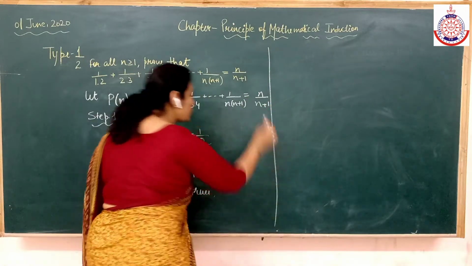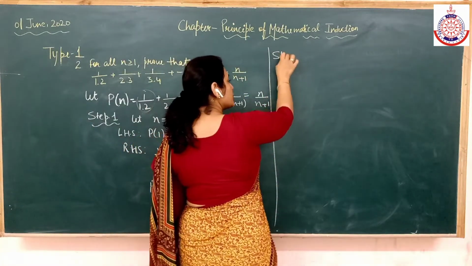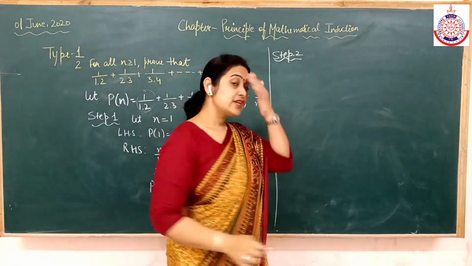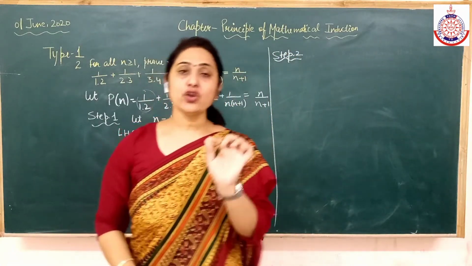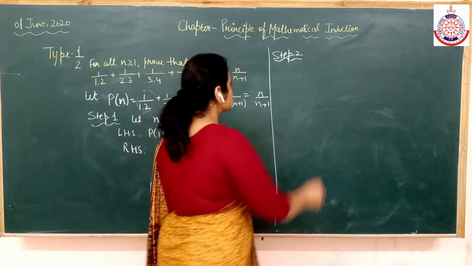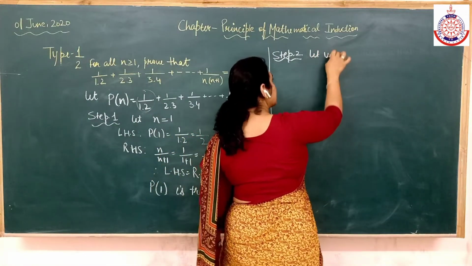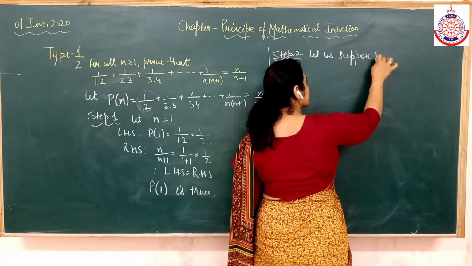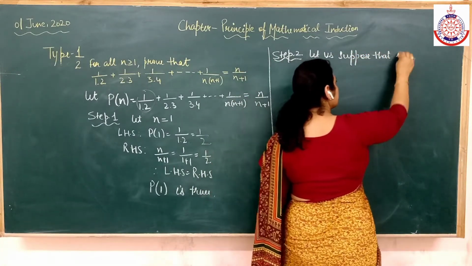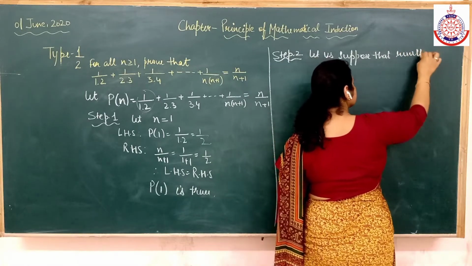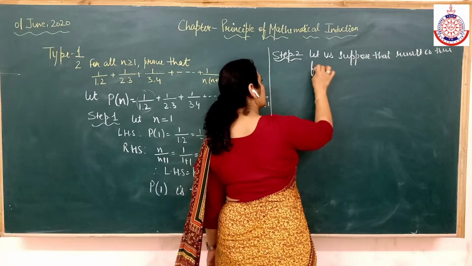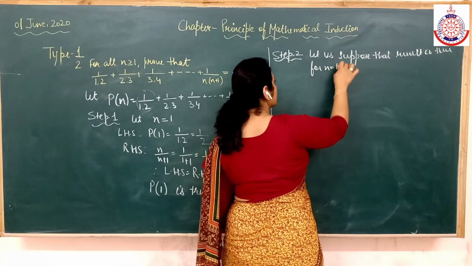Now the next step. You remember it now. What do we do in the second step? In the second step, we assume that the result is true for n equals k. Let us suppose that the result is true for n equals k.